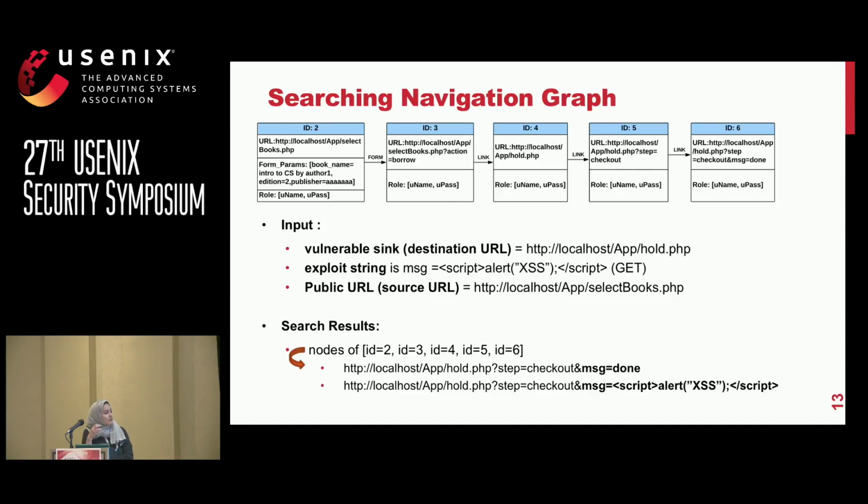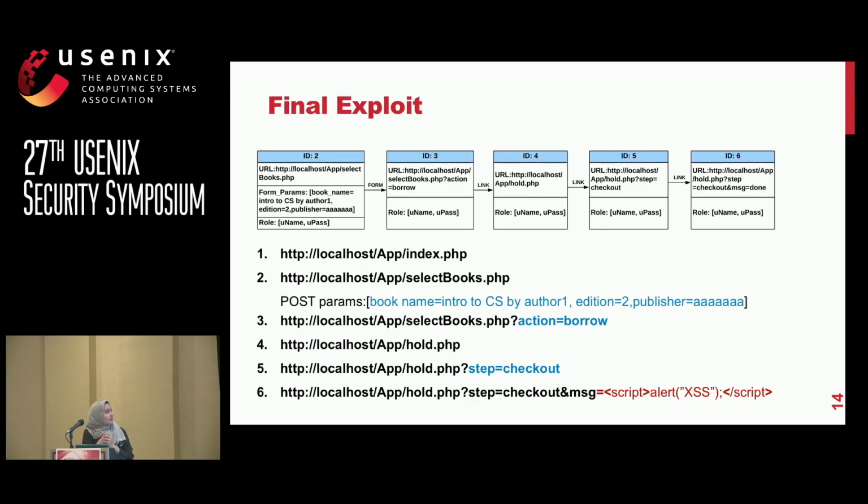So what we do is replace that with the malicious input that we got from the first analysis step. And this is the full exploit for that vulnerability. And as a result of our dynamic execution and the navigation graph design, the challenging problem of finding the navigation sequences between two modules is reduced to a simple graph search.